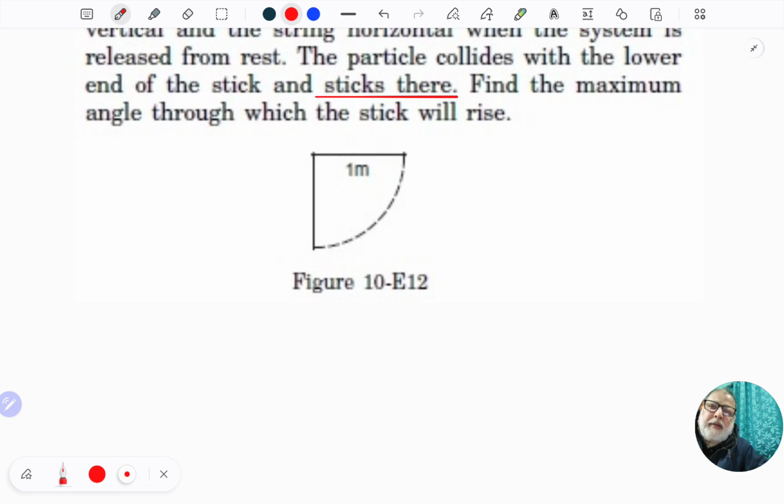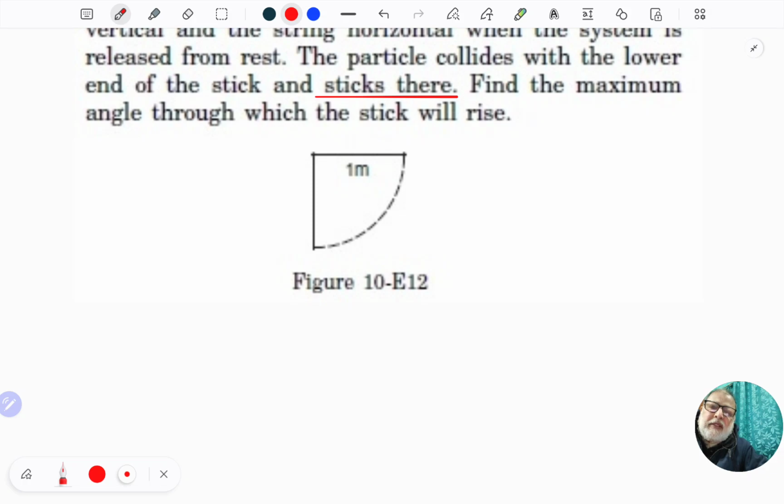Here, we know that if there is an external impulse or force acting on a system of particles, then the linear momentum of the system is not conserved. If you look into this problem, there is indeed an external impulse that comes into play at the pivot on the rod.